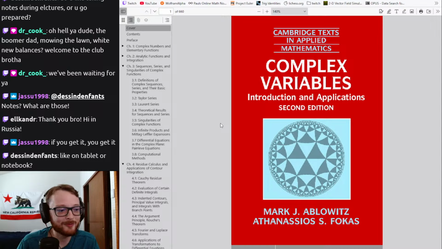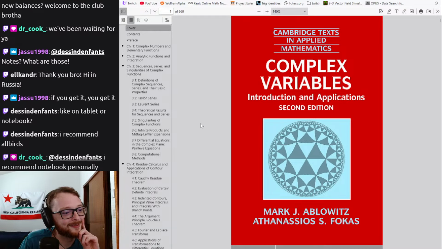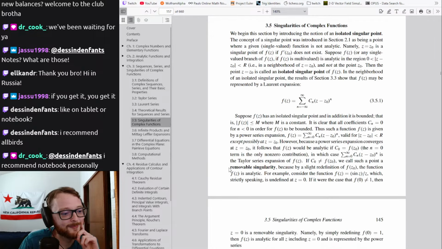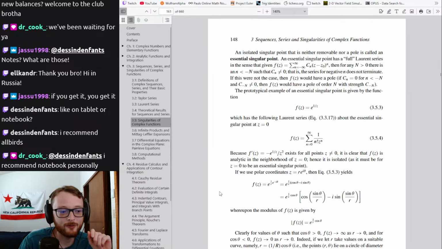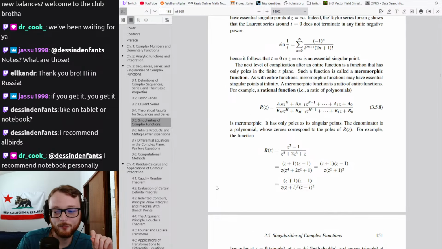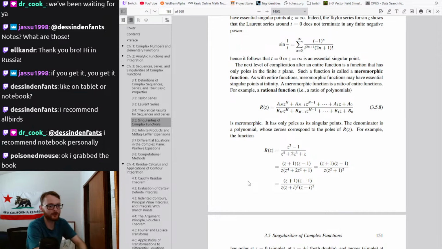New Balance is one of the few brands that are actually good about carrying shoes in wide. Yeah, so I think I had really good timing. So I just went to Target yesterday, and they had, one second.